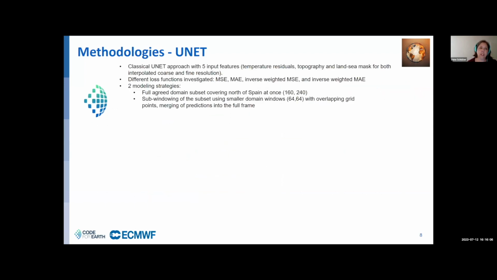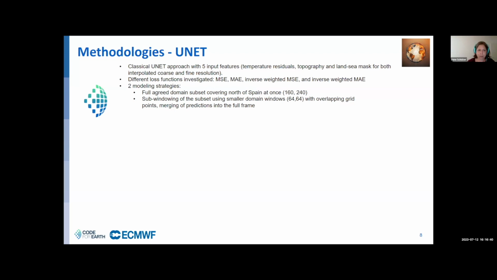Moving to the next method, we aim at using a classical U-Net approach. We use here 5 input features: the temperature residuals, topography, and land-sea mask information of the coarse and the fine resolution. We used 4 different loss functions: MSE, MAE, and we also look at inversely weighted MSE and inversely weighted MAE.